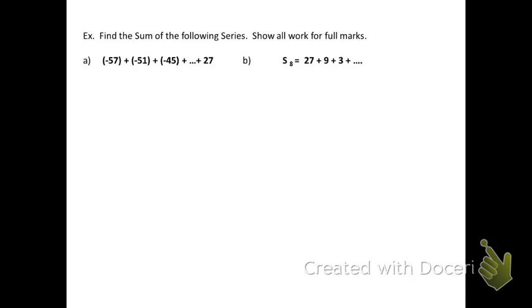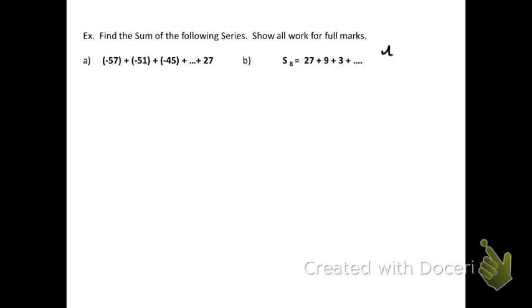Okay, the next one, when we take a look at it, we can see that we're not adding or subtracting the same number. It's going down by a third each time. So 27 times a third gives me 9. 9 times a third gives me 3.